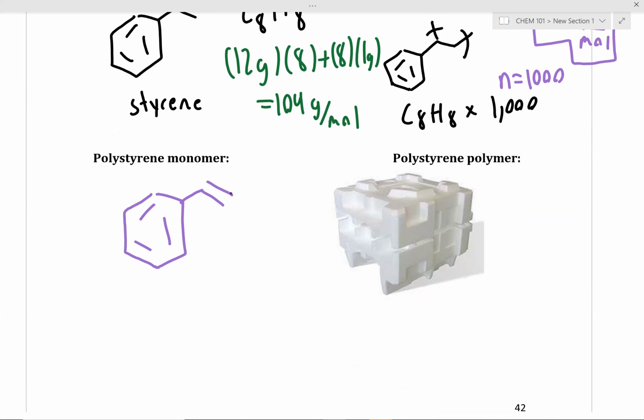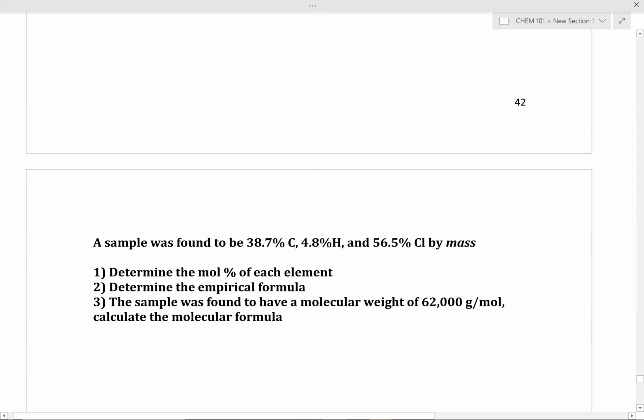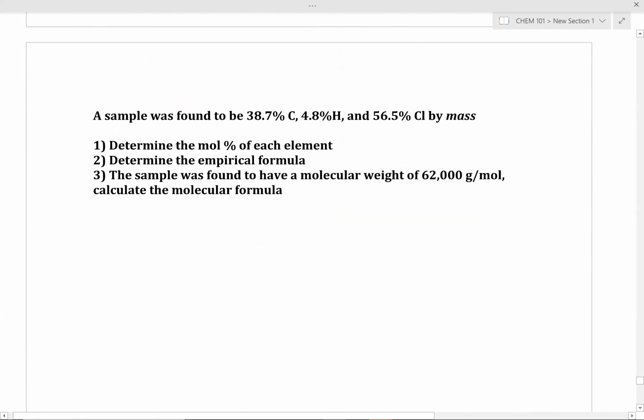What I want you to do is to apply what we've learned for empirical formula, molecular formula, and N to a new case where we look at polyvinyl chloride, or PVC. So a sample was found to have these 3 mass percentages. So I want you to tell me the mole percentage of each element, the empirical formula, and then I want you to tell me the molecular formula.